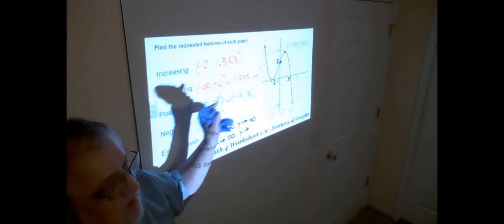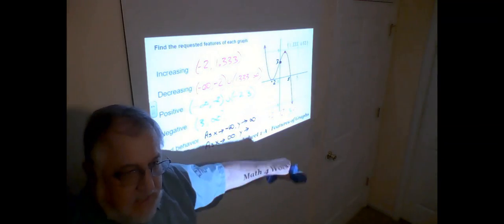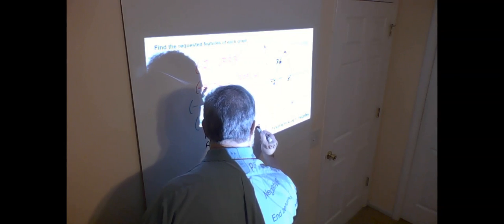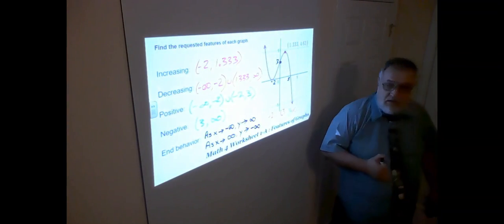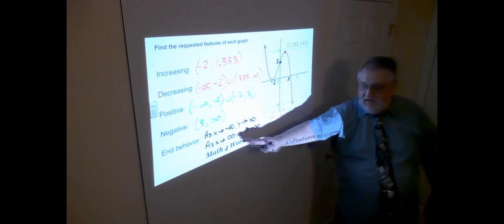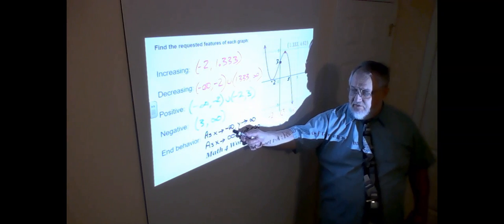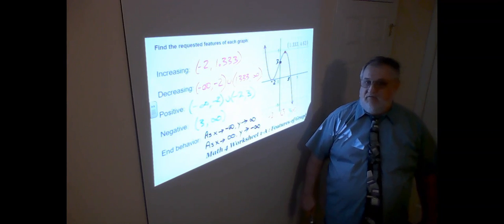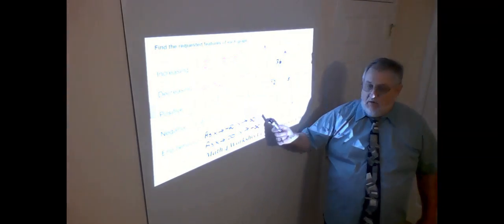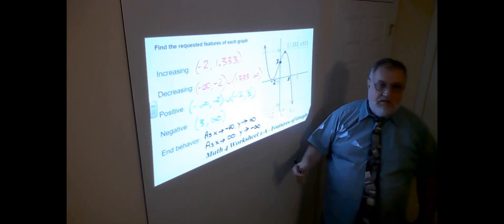As x approaches positive infinity on the right side, it's going down, which means y is heading toward negative infinity. You know how the beginning of the sentence is going to be in most of these: as x approaches negative infinity, as x approaches positive infinity. Those two sentences will stay the same for the most part. It's just that you have to watch whether y is going up or down on each side.